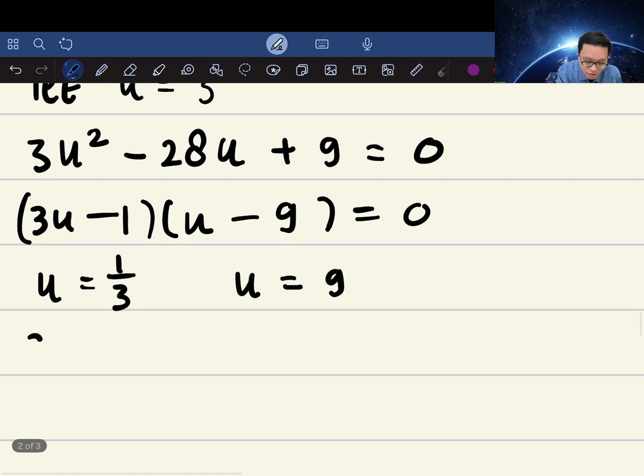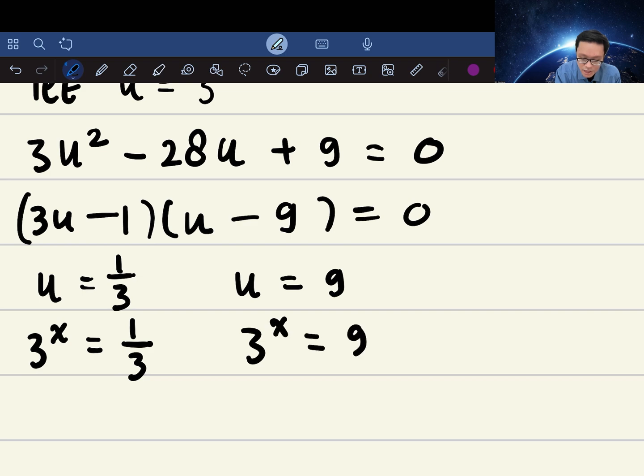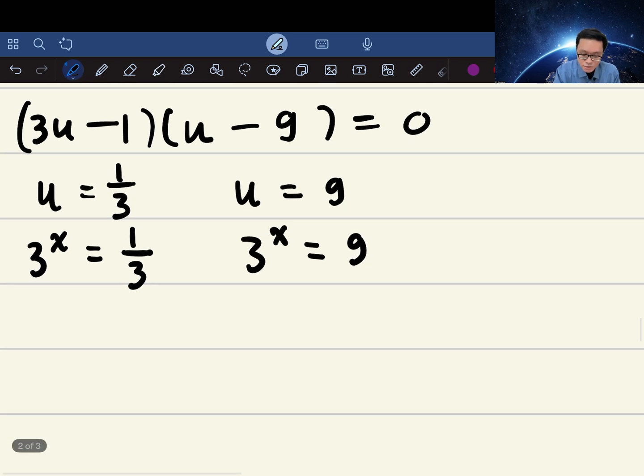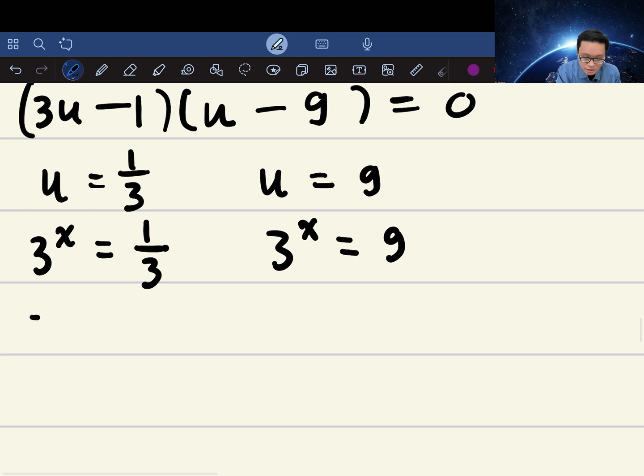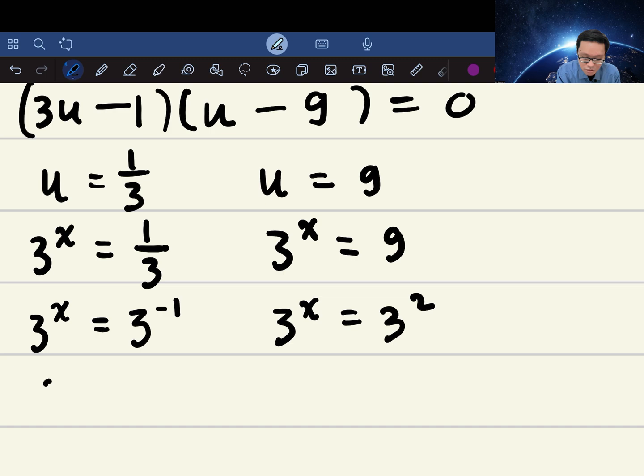So we have 3^x equals 1 over 3 or 3^x equals 9. So from here, we can change the base so they have the same base. So 1 over 3 becomes 3^(-1) and 9 is 3 squared. So from here, we get x equals minus 1 or x equals 2.